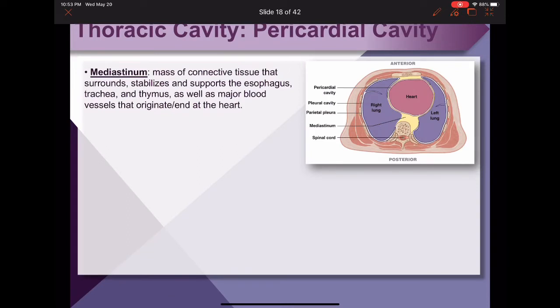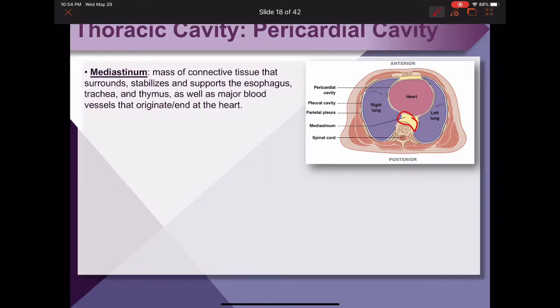Okay. So the mediastinum, like I said, is that mass of tissue in the central region of the thoracic cavity. It's basically a mass of connective tissue that surrounds and stabilizes and supports the esophagus, trachea, thymus, all that stuff in the central part of your chest area, as well as major blood vessels, especially those that originate and end at the heart.